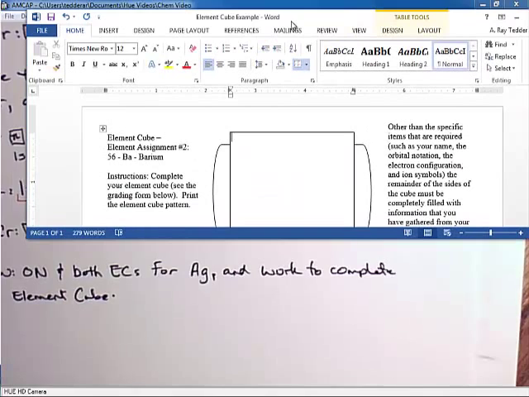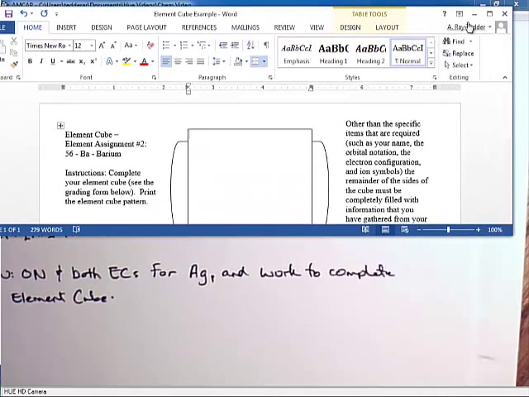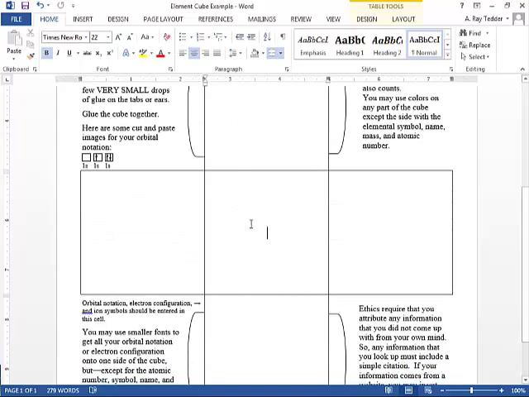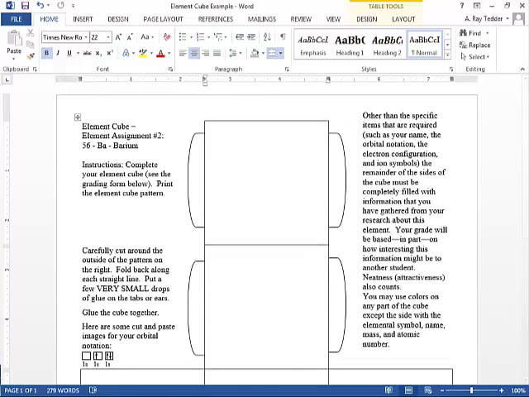All right, here's an example of an element cube. This element cube is asking you to do barium. Okay, so if I go down here to the middle, I think I must have deleted some of the formatting or something. What I want to do is to have the same formatting. Bear with me.